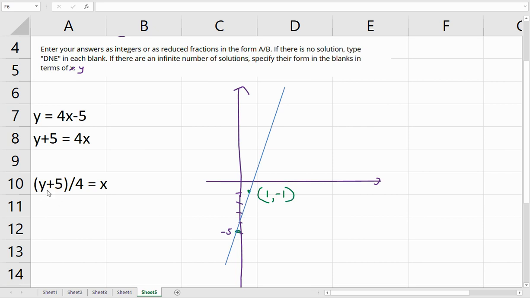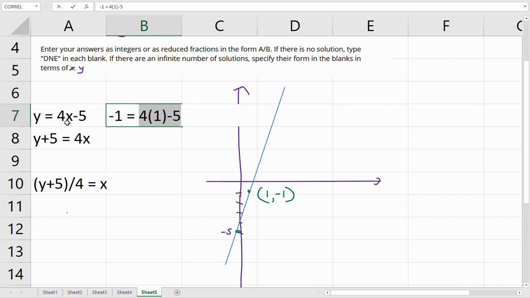So if I take an x value of 1, we'll plug it right into here. Or we could even use this version. We could use either version, right? But if we plug it into this version, what we have is y is supposed to be -1, and 4 times +1 minus 5. So what I should figure out is that when I simplify this, I get -1.